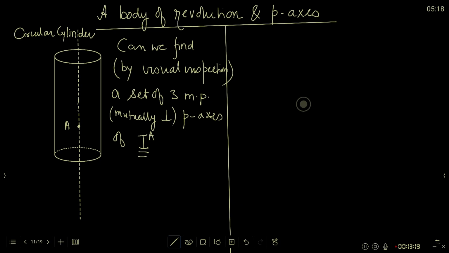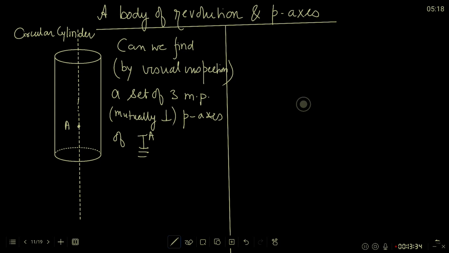That's my question. Can we find a set of three mutually perpendicular axes? Yes, by visual inspection we can find all those.